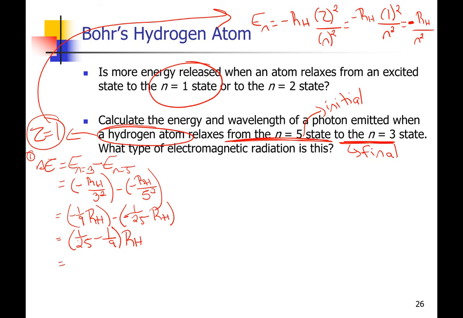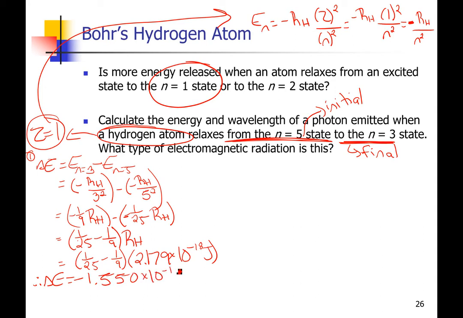And so I have 1/25 minus 1/9 times 2.179 times 10 to the minus 18 joules. And when I plug all of those into my calculator, I get negative 1.550 times 10 to the minus 19 joules.